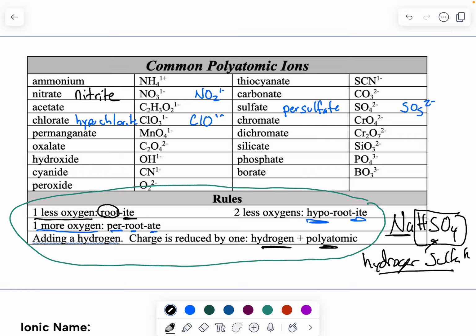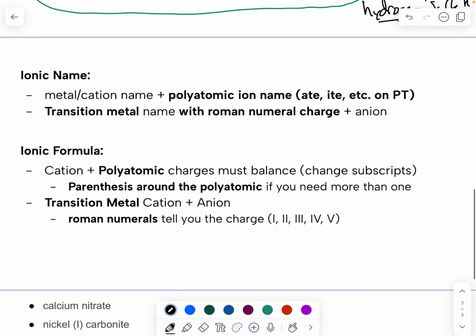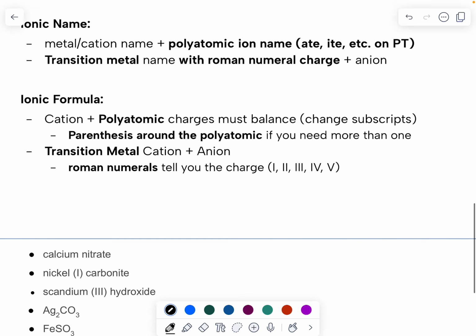That also means hydrogen sulfate, this whole thing, has a charge of the +1 hydrogen plus the -2 of sulfate, so this whole polyatomic ion has a -1 overall charge. That's a little complicated and something you'll definitely have to work with in practice, but that's how the naming system works. The rules of how you do ionic naming are the same as the rules from the last video. Nothing changes. It's just that the anion now is a polyatomic ion.